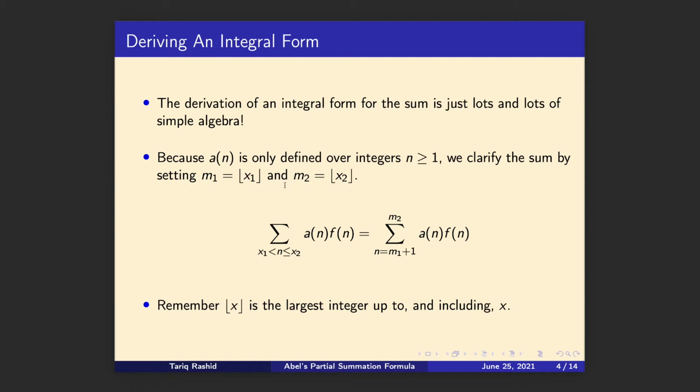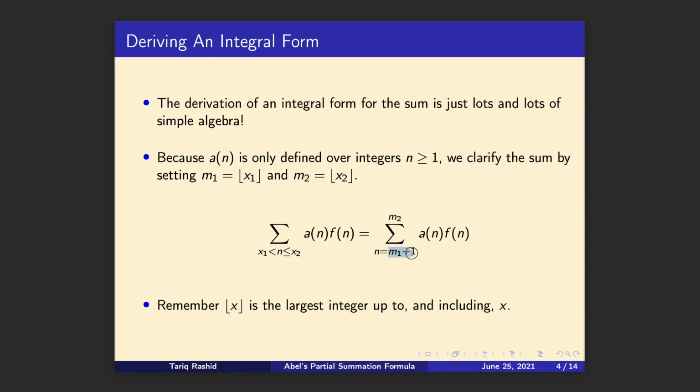That's because our aim is to make this area of mathematics a little bit more accessible than some of the textbooks can be. So, because a_n is only defined over the integers, for that sum with limits x1 to x2, we can clarify those limits, because x1 can be real and x2 can be real, but n can only take integer values.